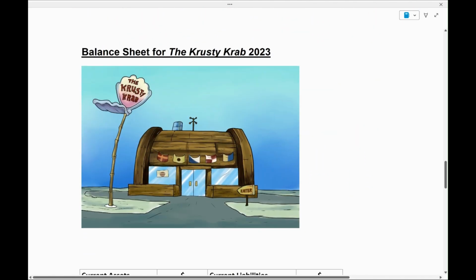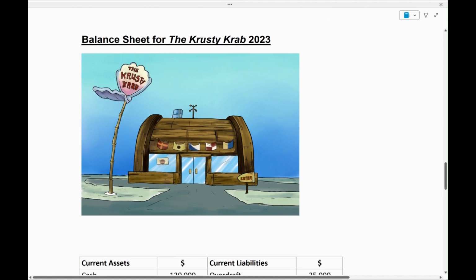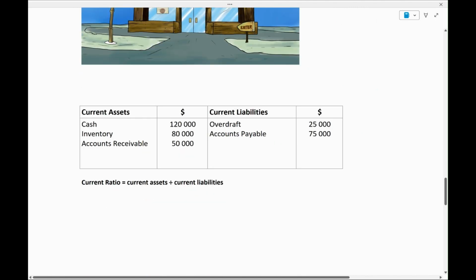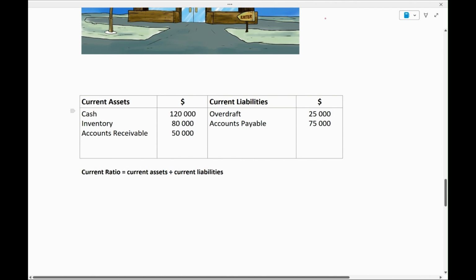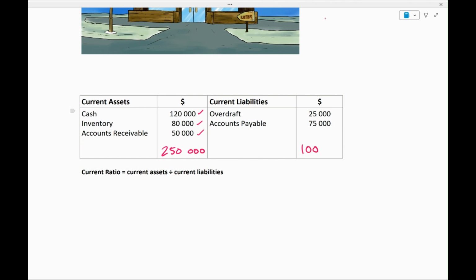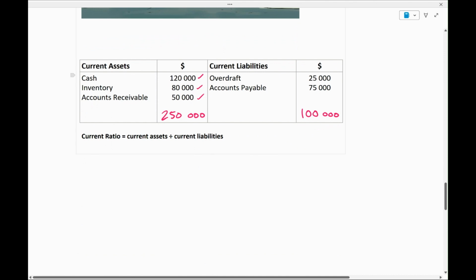And last one, the Krusty Krab here in 2023. We have got heaps of cash, plenty of inventory and accounts receivable, totaling to $250,000 in current assets, and we've got $100,000 in current liabilities as an overdraft and accounts payable.